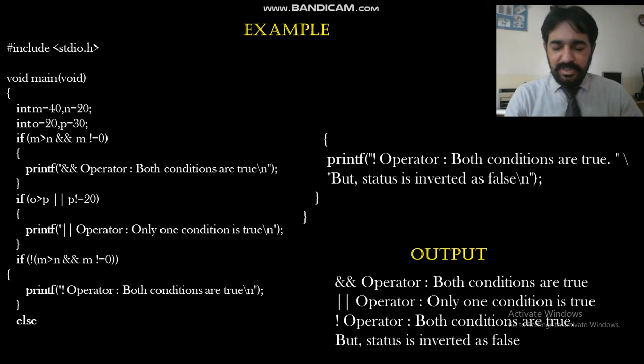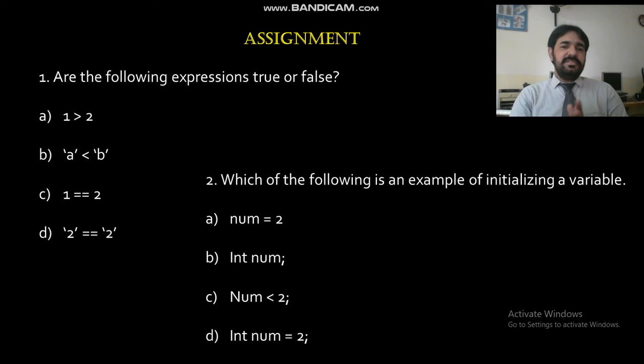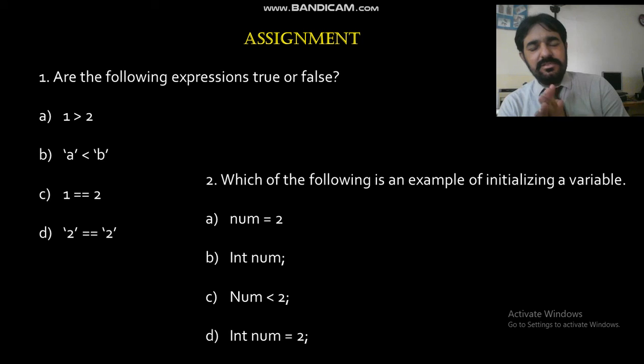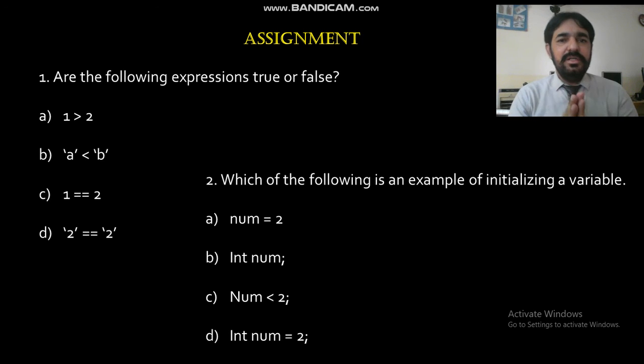It's very simple and easy. Just go back and recall all the topics that you have studied related to Boolean and logic algebra. Then I have an assignment for you students. There are the following expressions, true or false. I have given some expressions, like 1 equals 2, a less than b, and 2 equals 2.